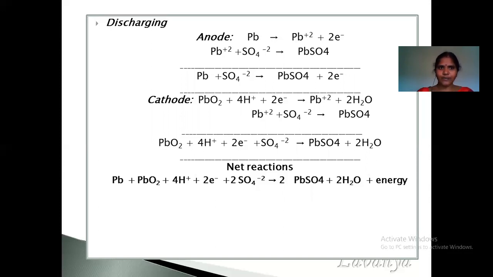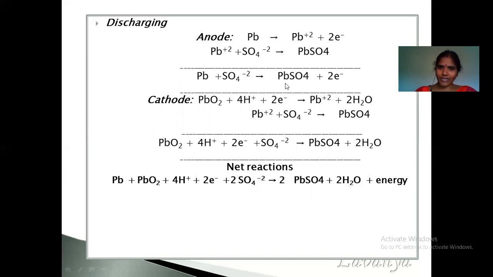So I'm considering first the discharging reaction, where the anode is lead, and lead undergoes oxidation and releases two electrons and Pb2+ ions. These two electrons will move through the external circuit towards the cathode, that is lead oxide, and the Pb2+ ions will be released into the electrolytic solution, where in the electrolyte we have sulfate anions that will combine with Pb2+ ions and produce PbSO4.